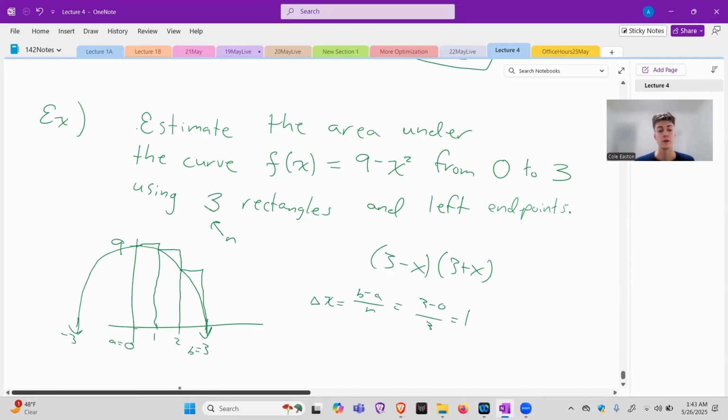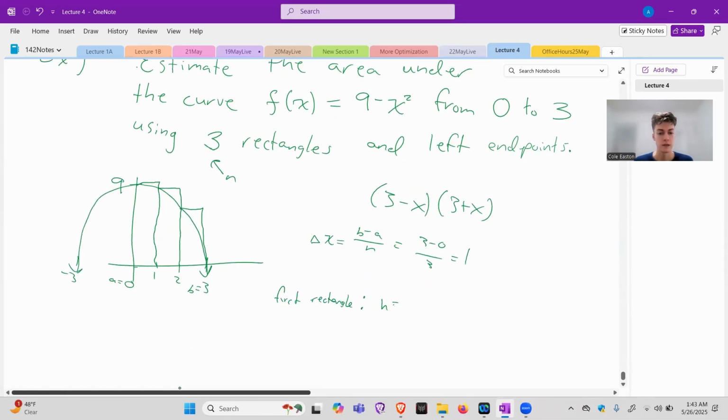Okay, so we know that the width of each of these rectangles is 1, and let's try to find the height. For our first rectangle, our height is going to be f of 0. So that's 9 minus 0 squared, which is 9. What about the second rectangle? Then our height is going to be f of 1, which is 9 minus 1 squared, which is 8.